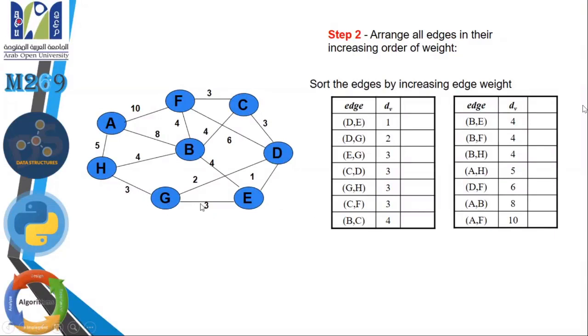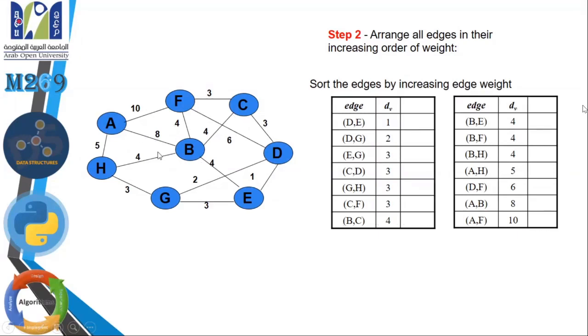And last one, CF, that is 3. So far, so good. Just select the least, then go in increasing order.